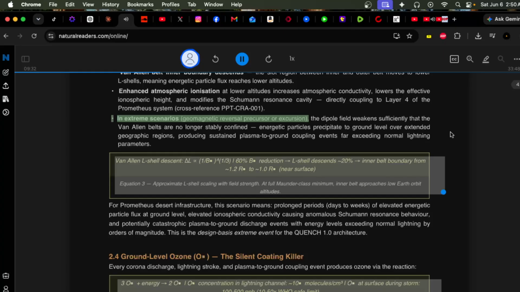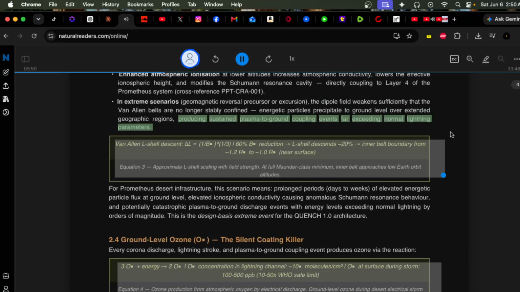In extreme scenarios, the dipole field weakens sufficiently that the Van Allen belts are no longer stably confined, energetic particles precipitate to ground level over extended geographic regions, producing sustained plasma-to-ground coupling events far exceeding normal lightning parameters.